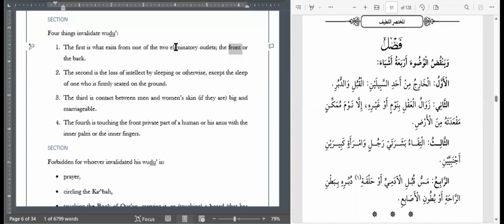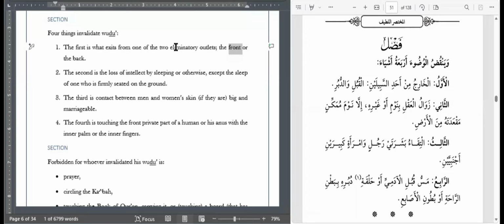Or like a Q-tip, the thing that has the cotton on the tip of it, that you put in the ear. Inserting that into the penis will not break the wudu. The rule is not that something going inside breaks the wudu. The rule is that something coming out breaks the wudu.